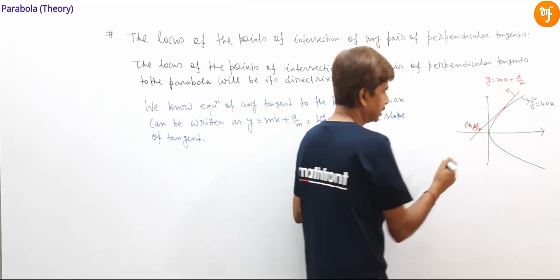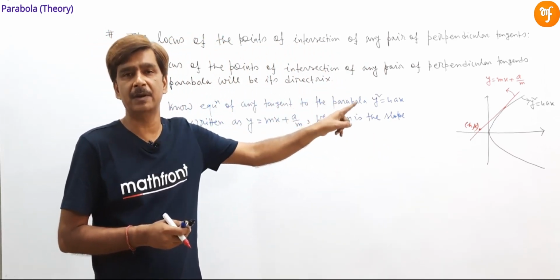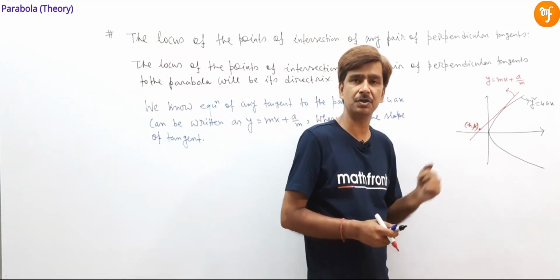So through this the tangent is passing. So the equation of the tangent y is equal to mx plus of a by m must be satisfied by the point h comma k.